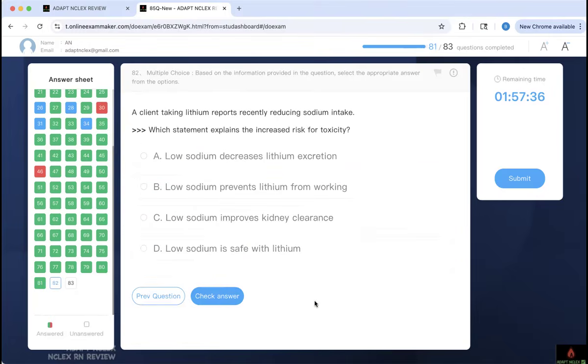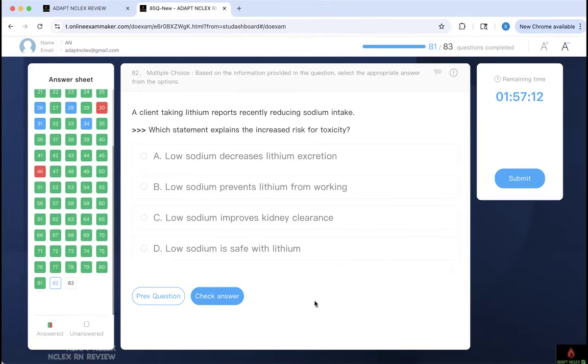Two more questions. A client taking lithium reports recently reducing their sodium intake. What do you tell them? Which statement explains the increased risk of toxicity? A low sodium decreases lithium excretion. Low sodium prevents lithium from working. Low sodium improves kidney clearance. Low sodium is safe with lithium.